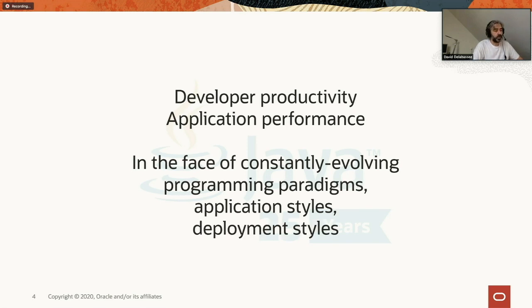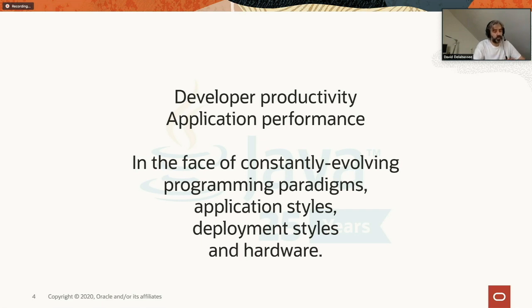Deployment styles. In the early days, we were deploying in our own data center on large server. Those days, we tend to deploy using containers in the cloud. So that's another big shift when it comes to the way we deploy our application. And again, Java has to cope with that. And last but not least, obviously, the hardware is evolving.